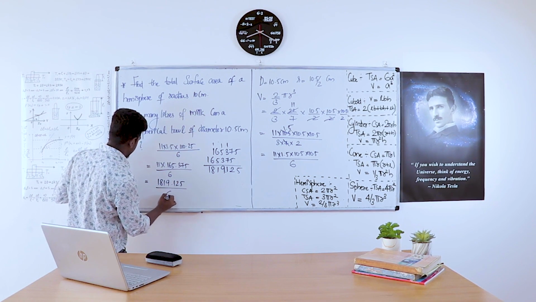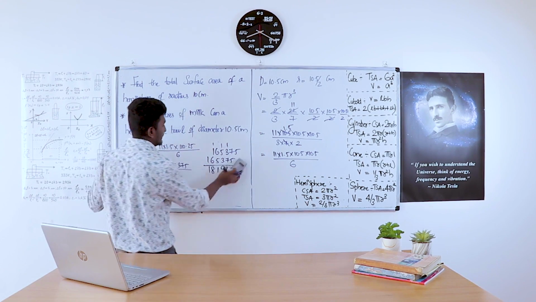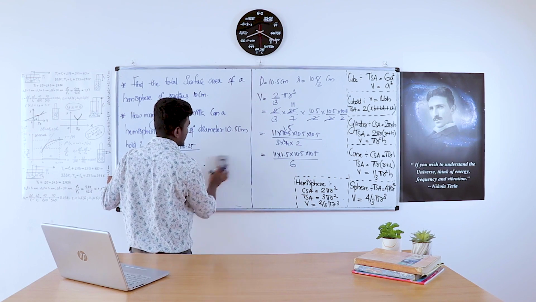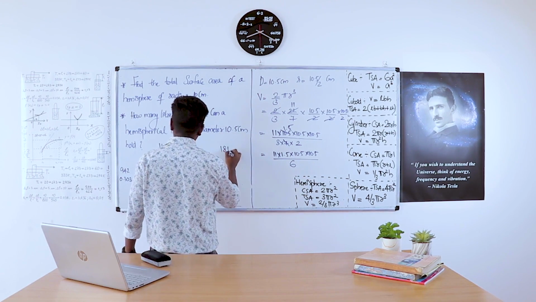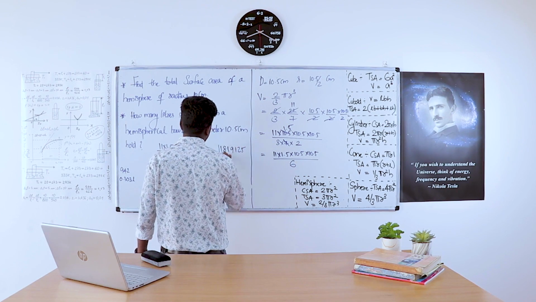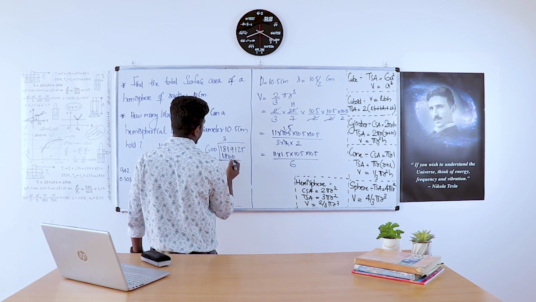1819.125 divided by 6, that is equal to, we need to divide. Now 1819.125 divided by 6000. 600 into 3, 1800.